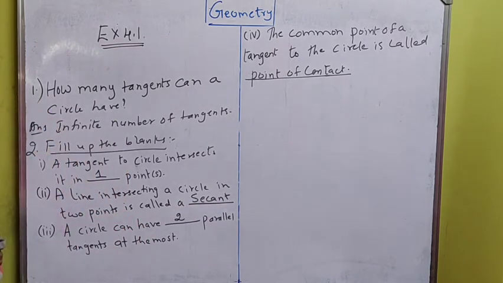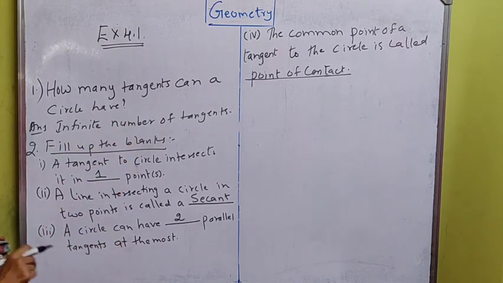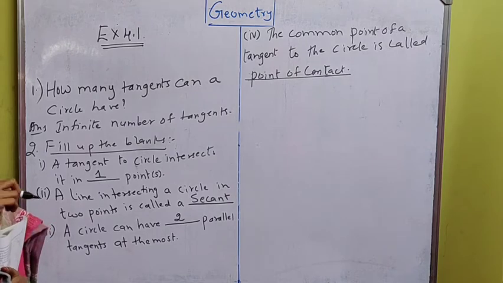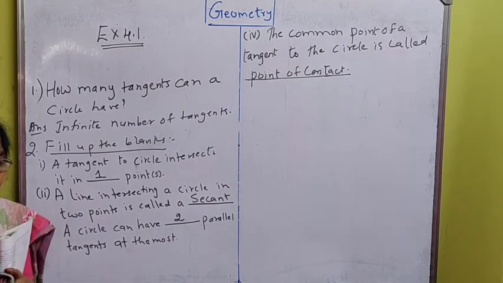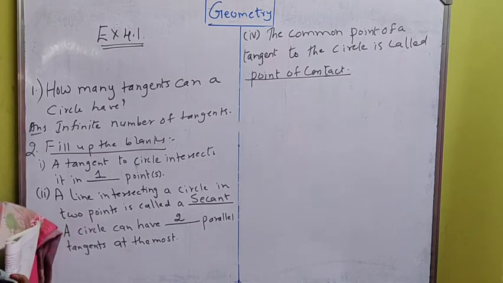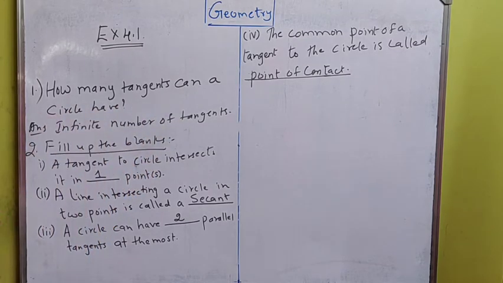So these are the 4 fill up the blanks. First question, how many tangents can a circle have? I told you it can have innumerable, because a circle is made up of a set of points, and for all these points a tangent can be drawn, so it is an infinite number of tangents.